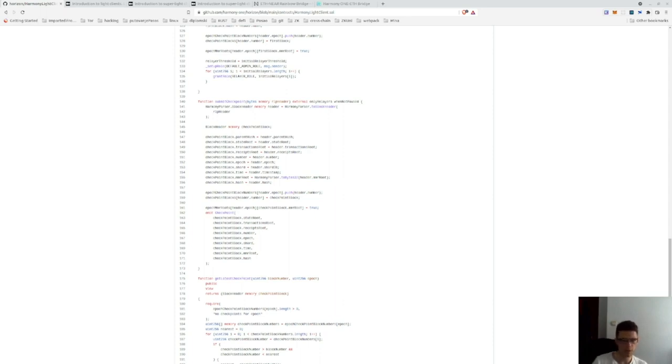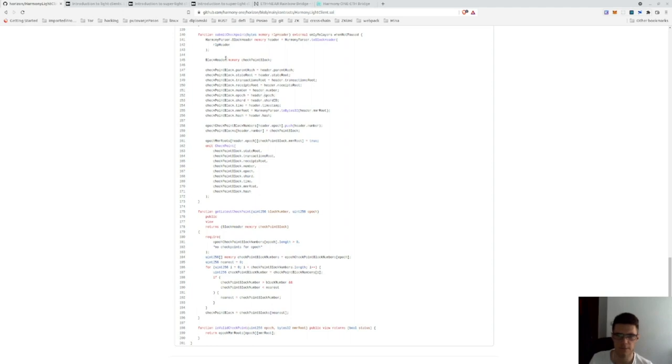That's why, along with this MMR root, we need a set of public keys of validators that will validate the next epoch. And we also have methods for submitting new checkpoint block headers and getting the latest checkpoint headers.